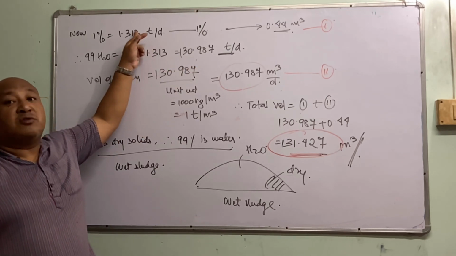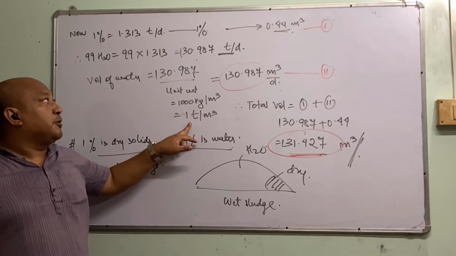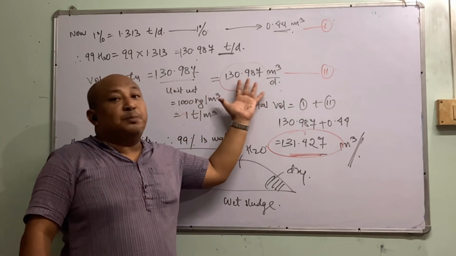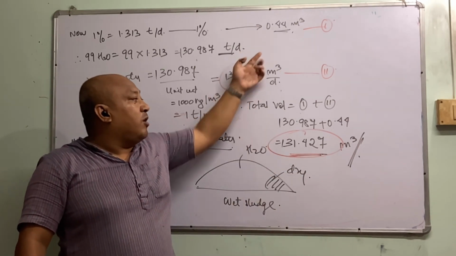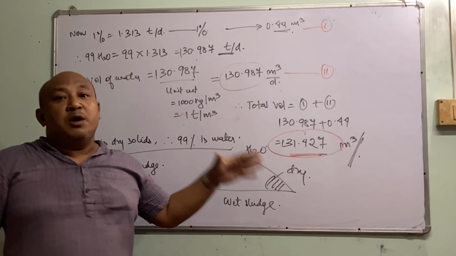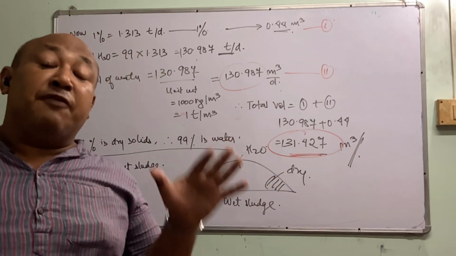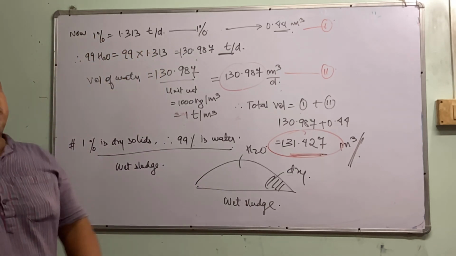The specific gravity of water is 1 ton per meter cube, so the volume is 130.987 meter cube per day. This is for the wet sludge. The dry sludge is 0.44, therefore the combined sludge will give 131.427 meter cube per day. So this is the issue about the sludge.